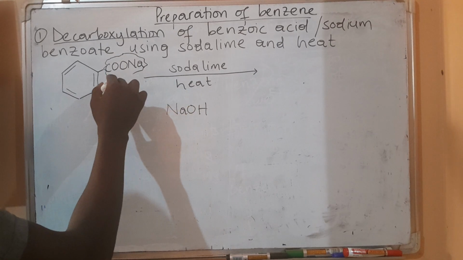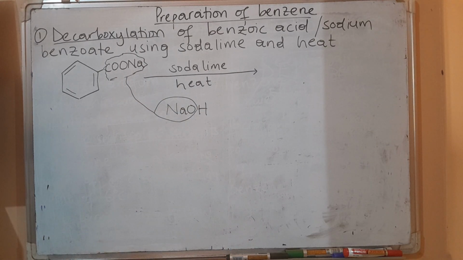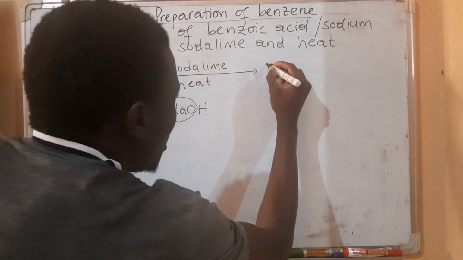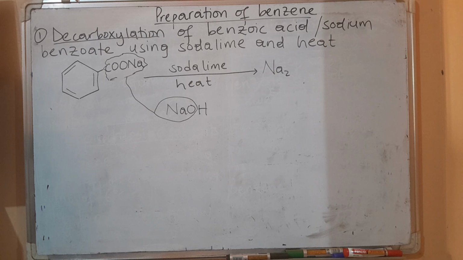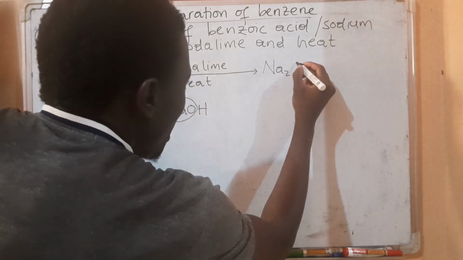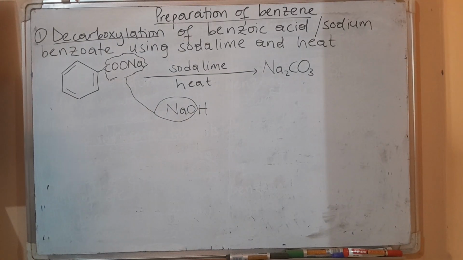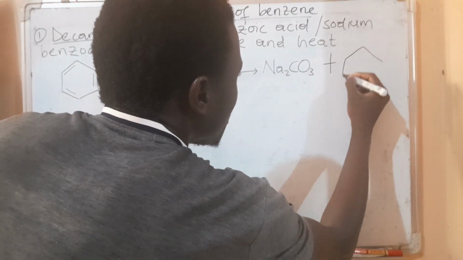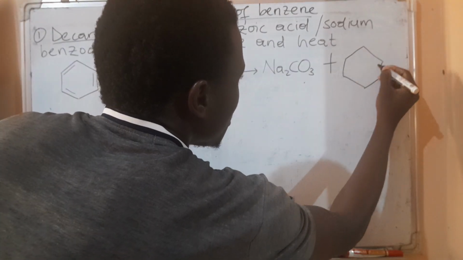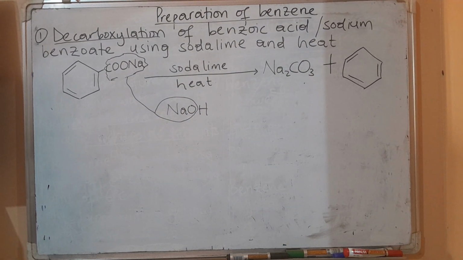This group here is going to go with that, so that we are left with the two. If they combine, we have two sodium atoms, then followed by a carbon atom and 3 oxygen atoms, plus our benzene. So we have decarboxylated the sodium benzoate to form benzene.